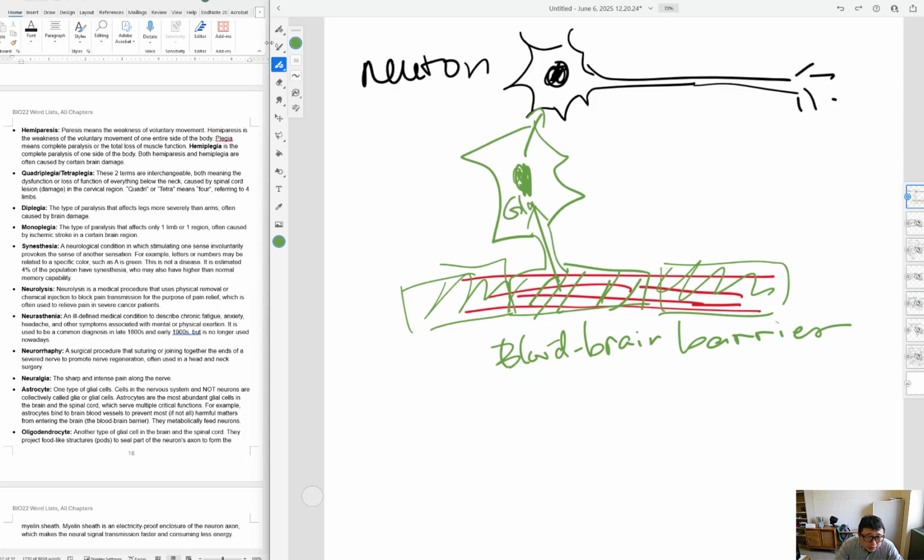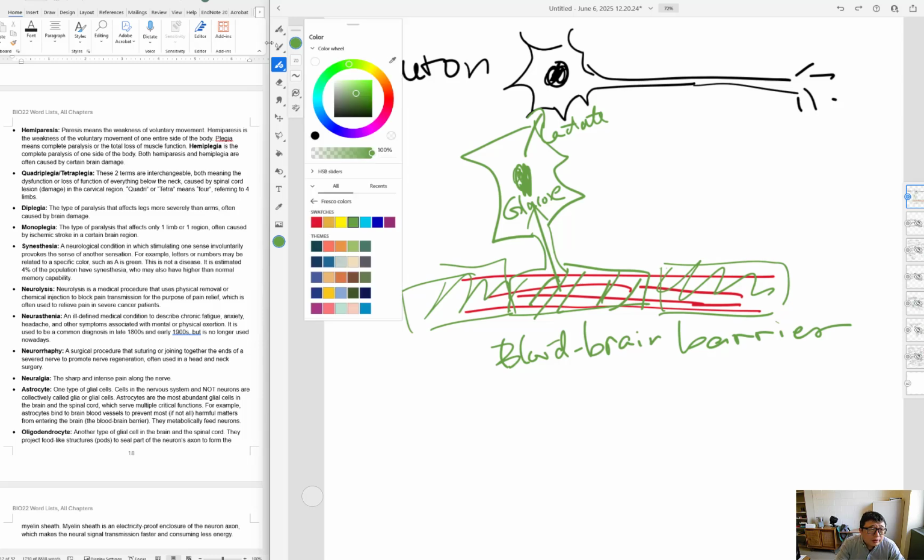Sometimes the astrocytes even half digest the nutrients, for example glucose. In some cases, glucose is further digested into lactate and then fed to the neurons. That's another important function of the astrocytes. Astrocytes have many functions. We cannot finish everything here, maybe in the future.